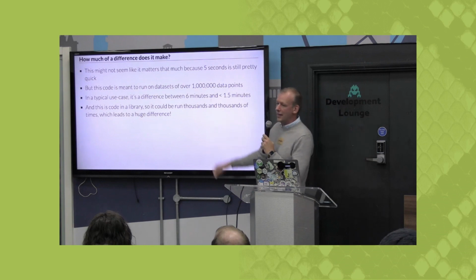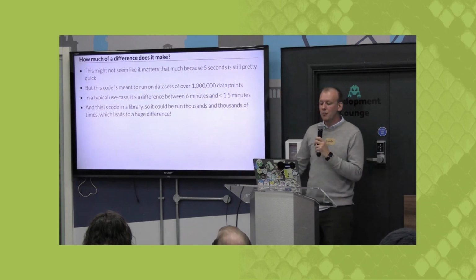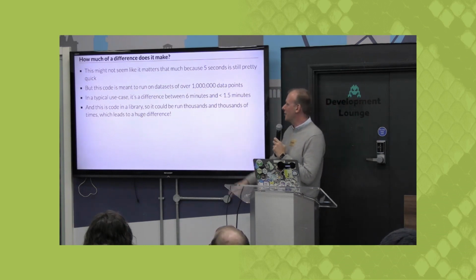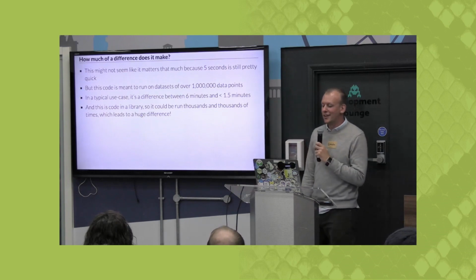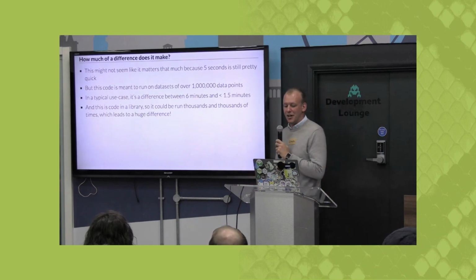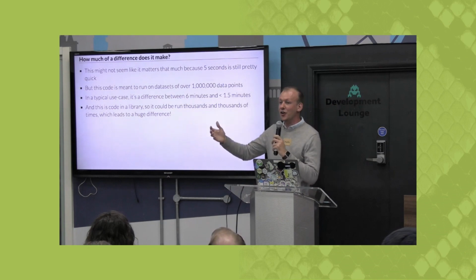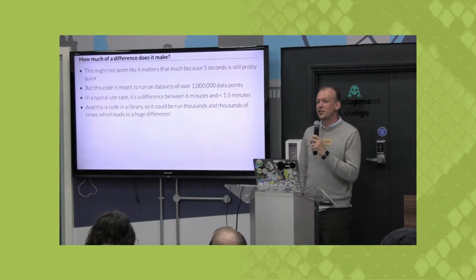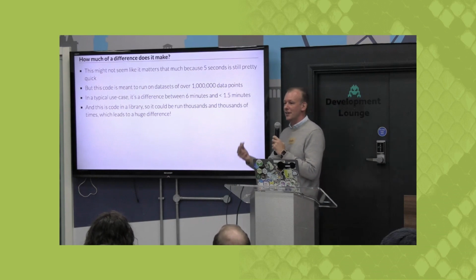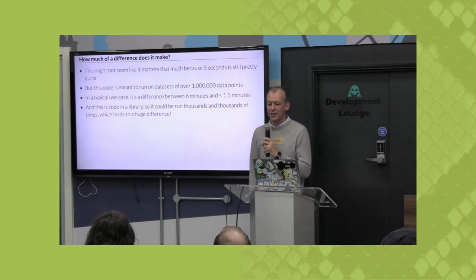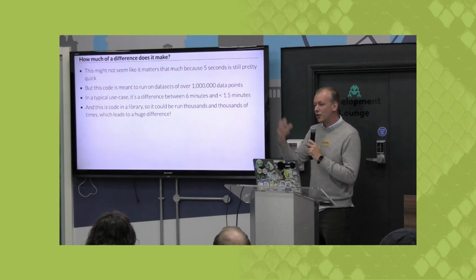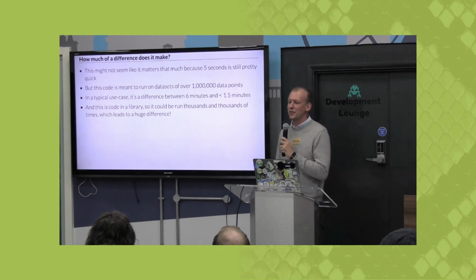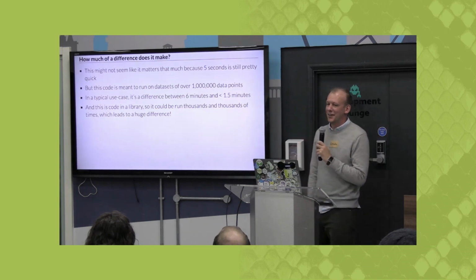So that difference is quite big. Plus, like I said, it's part of a library, so it could be run thousands and thousands of times. And in that context, if we think about that multiplier, that's a huge difference in the amount of compute that's saved, energy that's saved, and carbon that's saved, right? And it could have been done by the library authors just picking up a standard algorithms textbook.